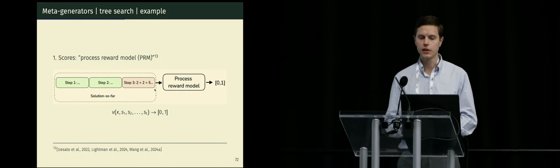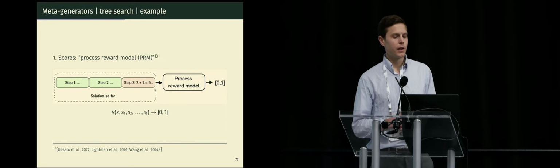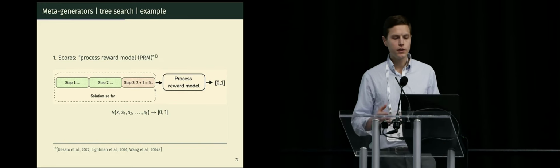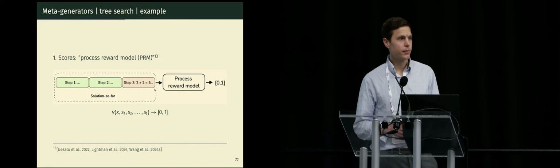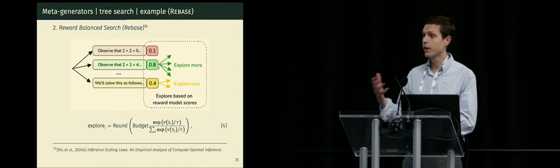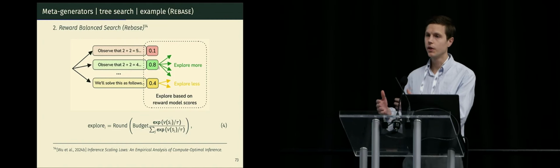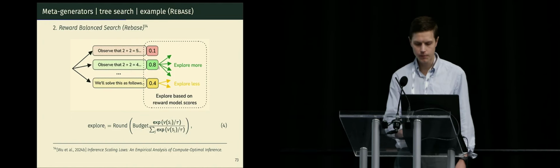You can see this as being like the expected return from your current state. You can train these in different ways. You could have humans annotate whether each step is correct or not, and this is done in some papers. Or you can generate a bunch of solutions with your model and get some approximation of whether the solution will eventually be correct from the current state that you're at.